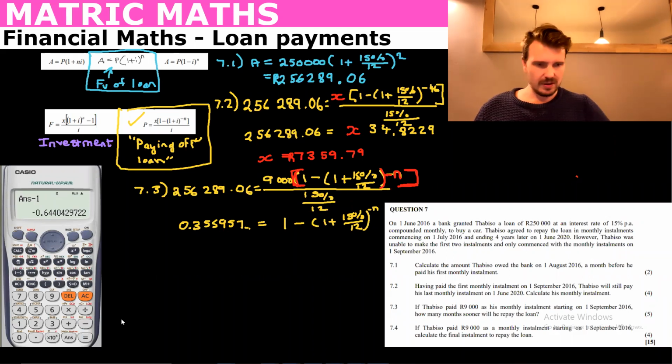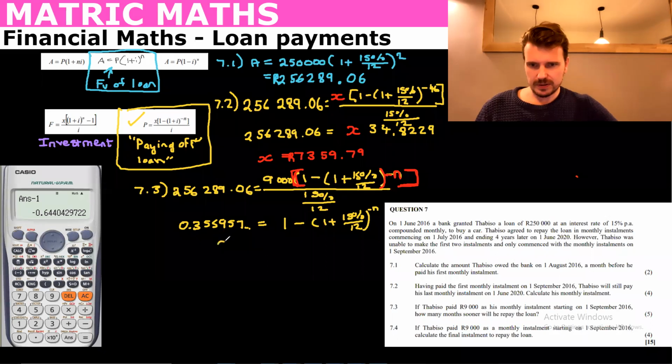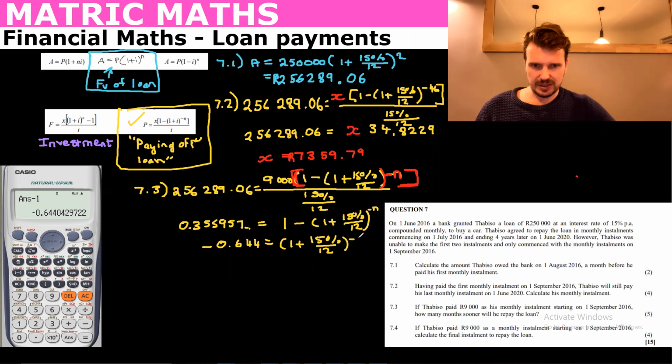Equals, and so we get negative 0.644, which equals negative (1 plus 15% over 12) to the minus n. Okay, so now we are ready to solve for n.